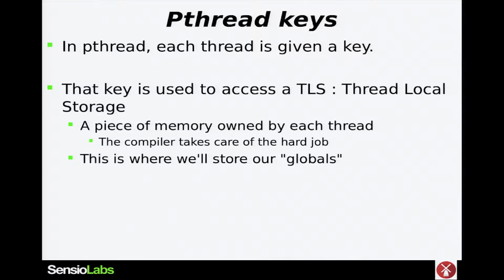This is where we'll store our globals. So it's easy. You declare your variable as being a TLS variable, and then when you compile your extension or PHP, the compiler will generate special instructions to assure this piece of memory will be owned by each thread that will be popped in the future. This is what we call TLS. You have many articles about TLS if you want to read more.